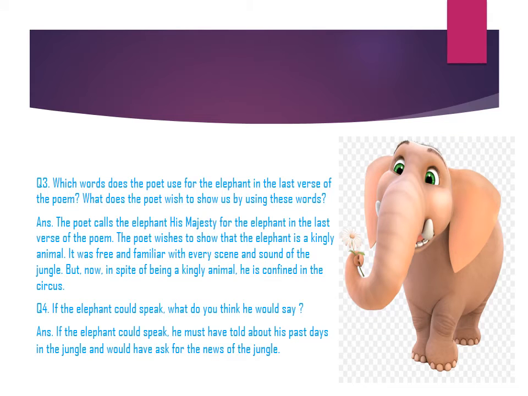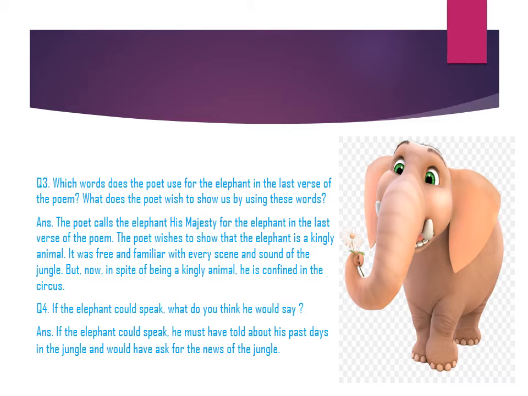Now come to question number 3. Which word does the poet use for the elephant in the last verse of the poem? What does the poet wish to show us by using these words? Answer is the poet calls the elephant his majesty.